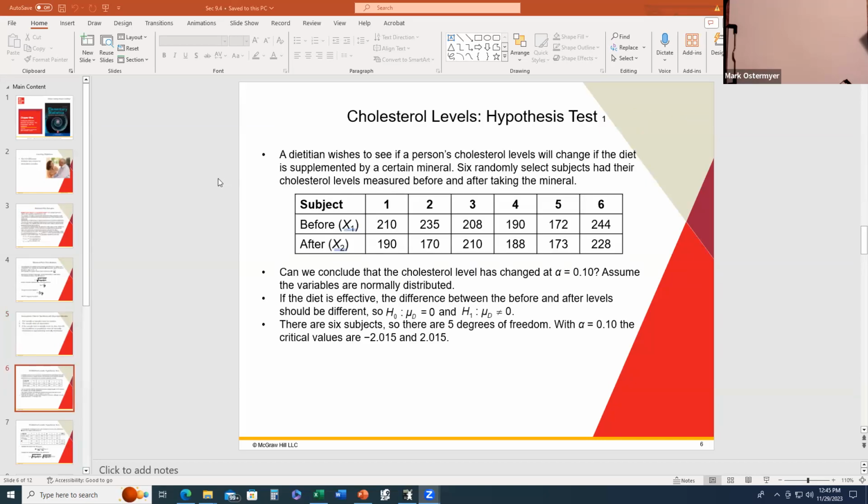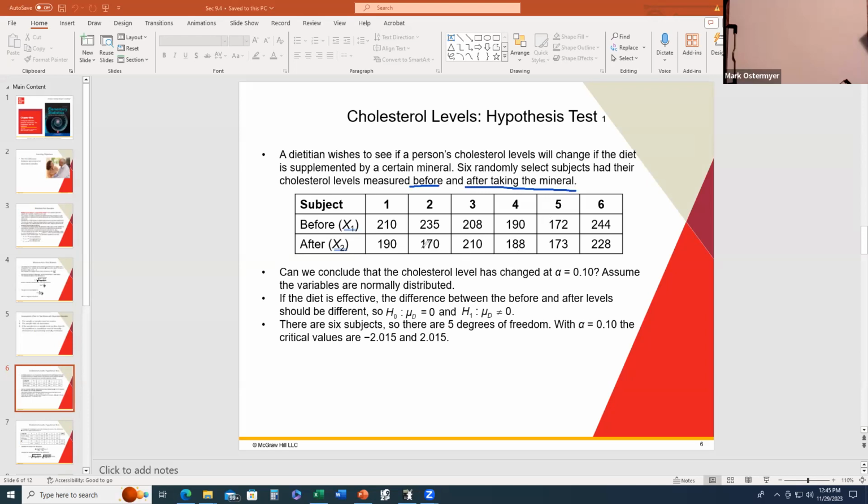All right, here's a classic example to illustrate hypothesis testing for matched pairs. A dietitian wishes to see if a person's cholesterol levels will change if the diet is supplemented by a certain mineral. 6 randomly selected subjects had their cholesterol levels measured before, notice, measured before and after taking the mineral supplement.